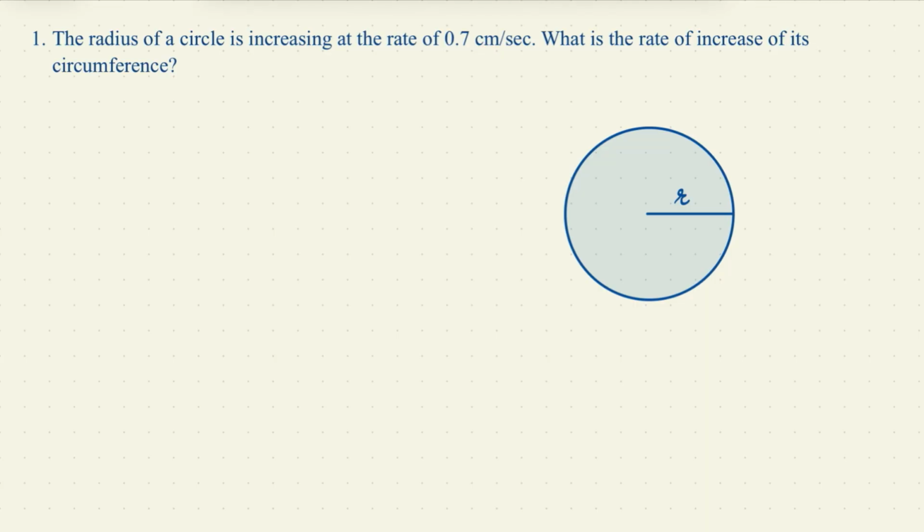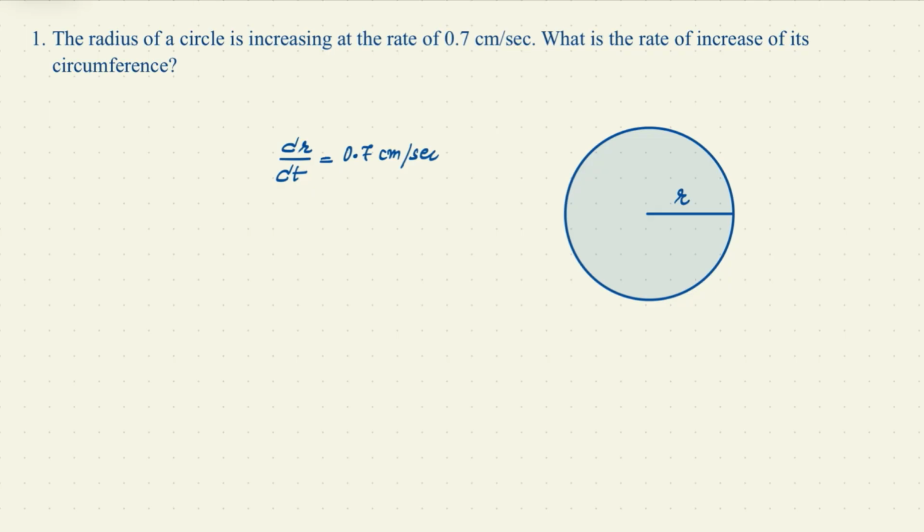Okay, so here the question has given the rate of increase of radius. That means the rate of increase of radius with respect to time is given, that is dr by dt is given as 0.7 centimeter per second. Looking at the unit also we can conclude this: centimeter is for radius and second is for time.